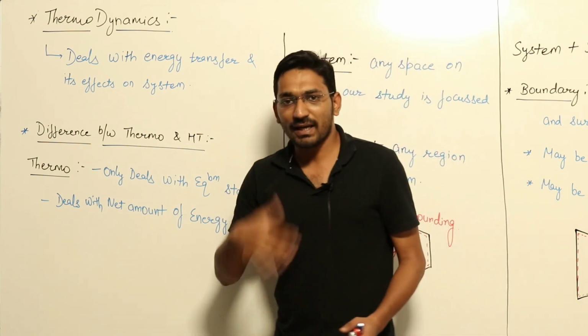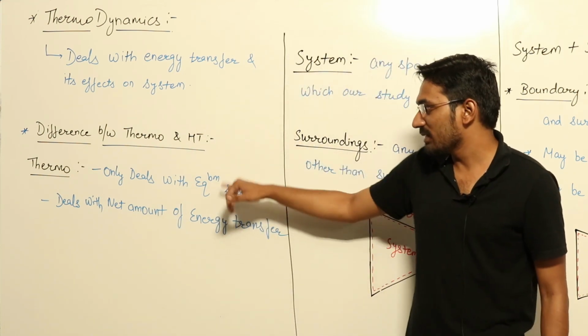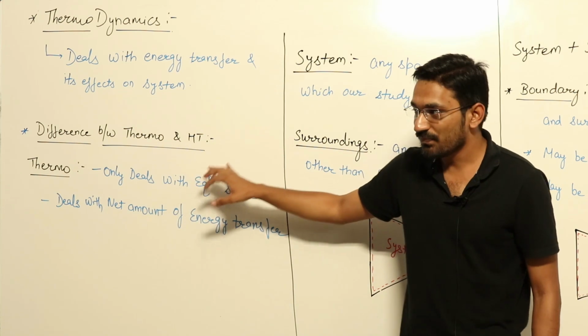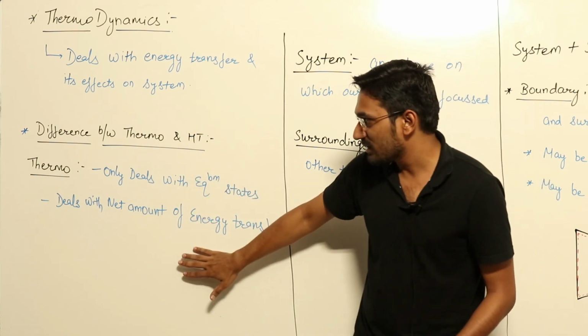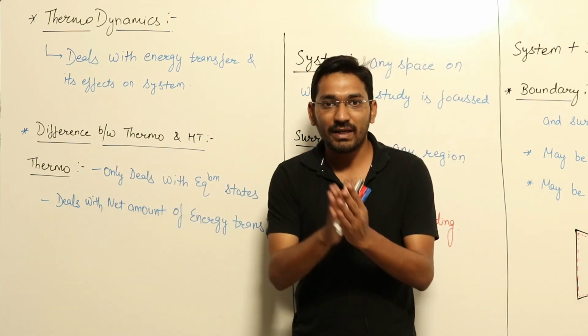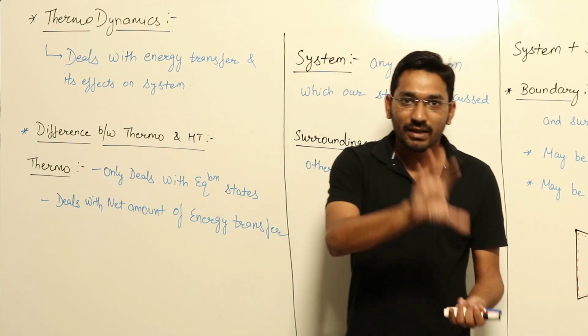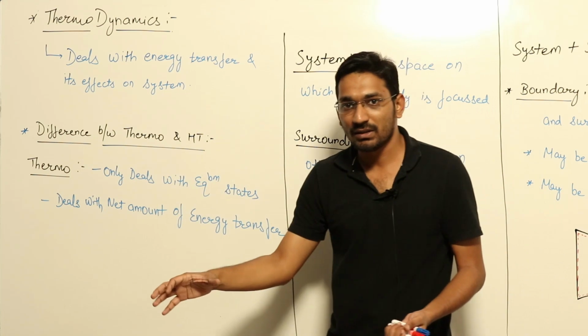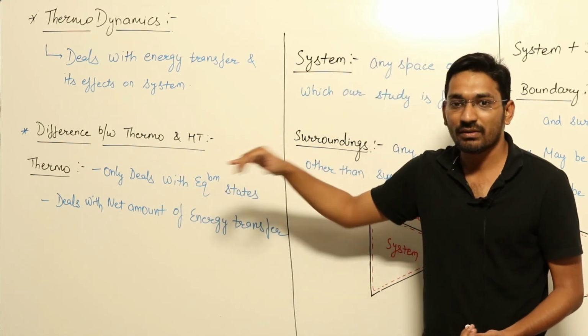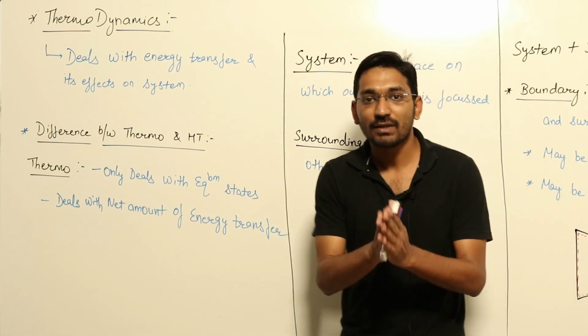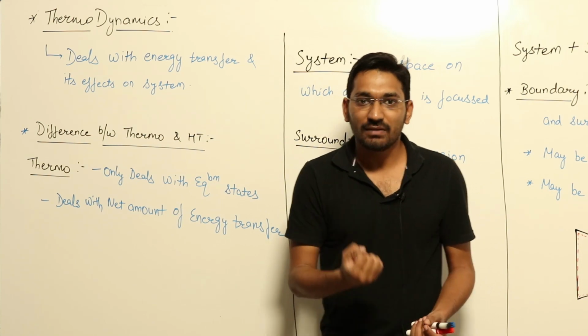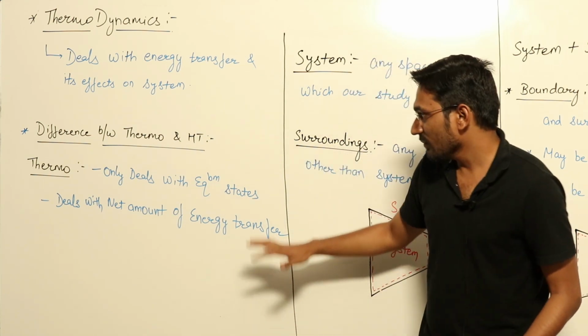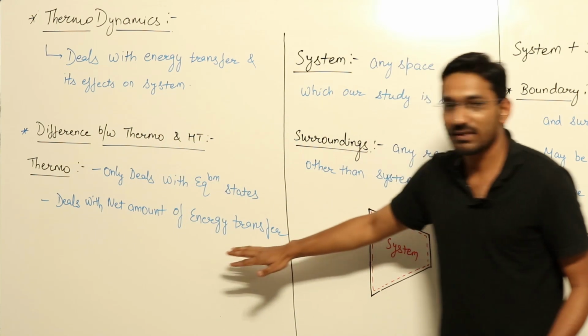We'll talk about equilibrium later on, what is the meaning of equilibrium states. Just from the basics, in thermodynamics we are only dealing with how much quantity of heat or work will be transferred from one system to another, and in heat transfer we are more concerned about the rate of heat transfer, how much time it will take, right? So this is the difference between thermodynamics and heat transfer.